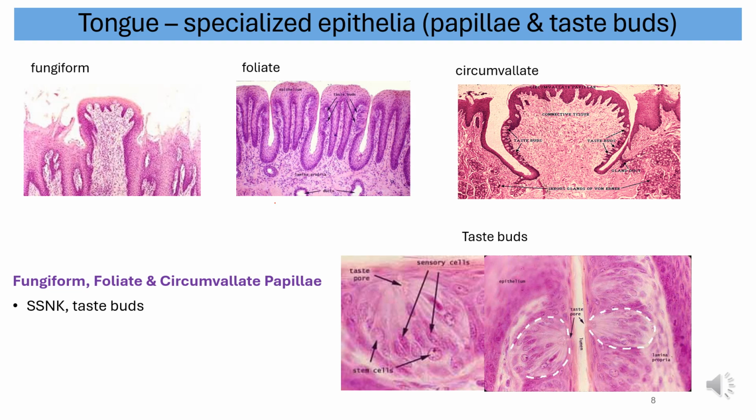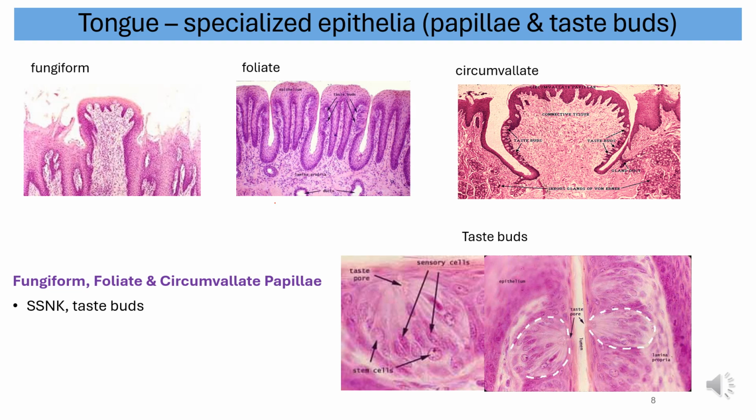Circumvallate is the largest one, and a way to remember is C comes before F, so it's larger in size. It's just something that I use to help when studying, and if that doesn't apply to you, then don't worry about it. We also have foliate, which is very similar to fungiform, but has a little more of a rectangular look than a mushroom look.